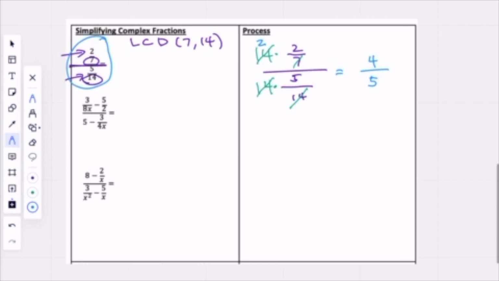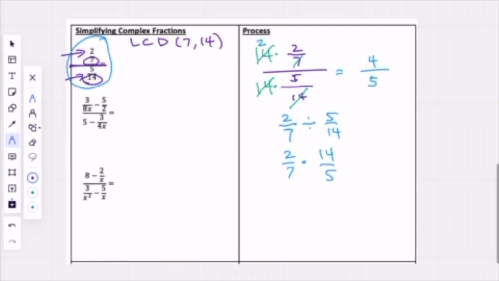Now, if you have a complex fraction with just numbers, where in the numerator there's one fraction and in the denominator there's another fraction, you can just rewrite this as a division problem. You can say this is 2/7 divided by 5 over 14, which is the same as 2 over 7 multiplied by 14 over 5.